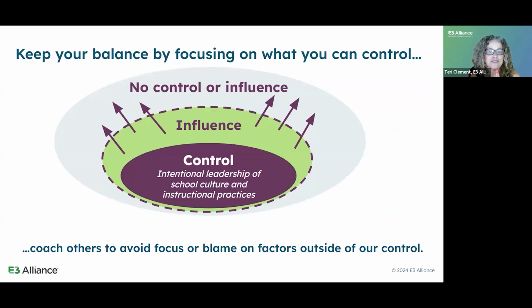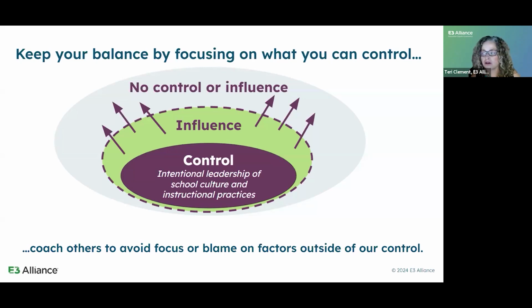And then finally, this is what I will definitely put in your brain, and you'll hear us saying this all the time: keep your balance by focusing on what you can control. I love this graphic because it helps calm me down when I'm stressed out or overwhelmed, or if I'm hitting this dip. What can we control in our school? We can absolutely control our own calendars that we've talked about today.